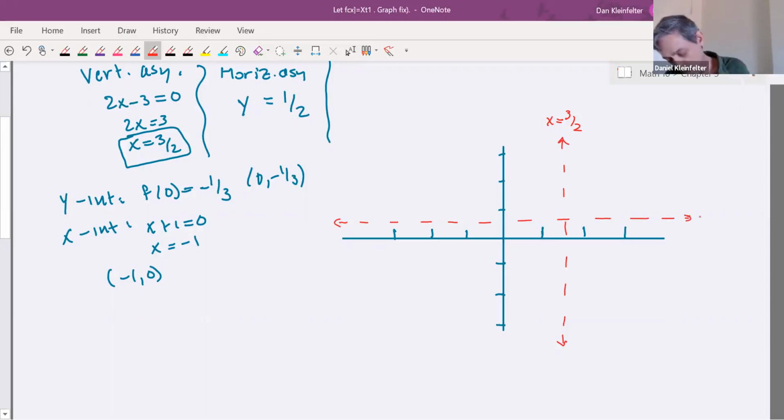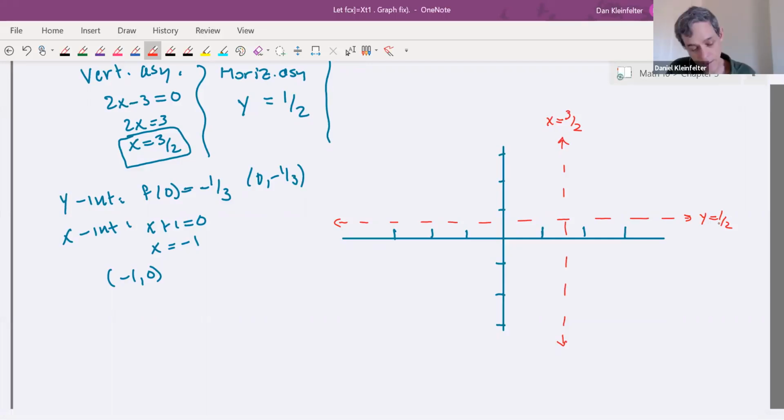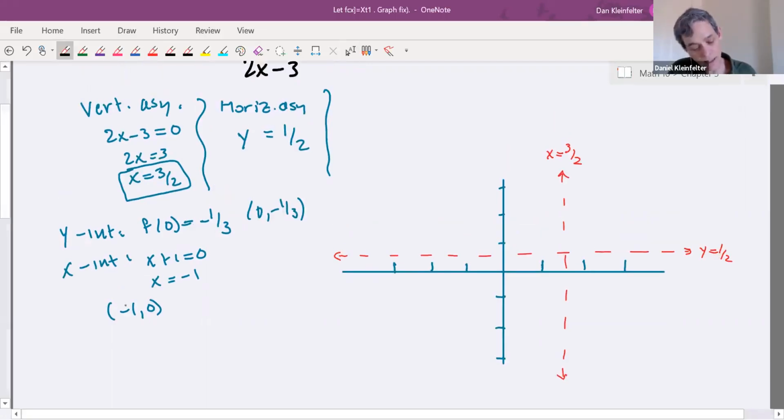So we can put that on there. All right, so we have our 2 asymptotes, and then we're going to put down our intercepts as well. So the x-intercept was at (-1, 0). And our y-intercept is going to be at (0, -1/3). Okay.